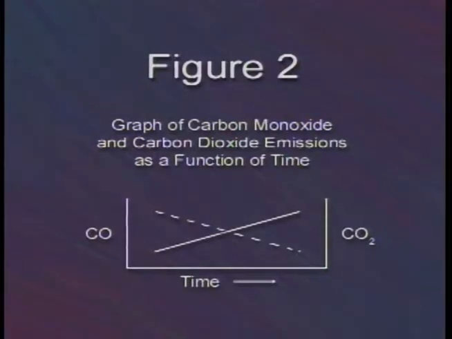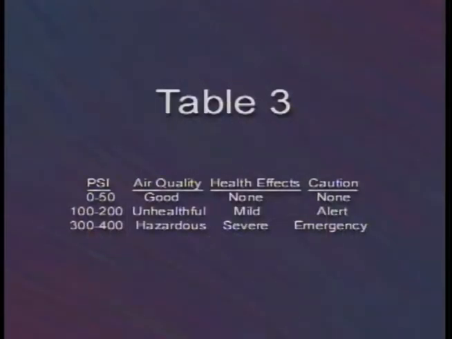Scientific information can also be presented in charts. The following chart, for instance, presents information about the Pollution Standard Index, or PSI, a measure of air quality. The chart shows PSI levels, air quality, health effects, and environmental cautions.